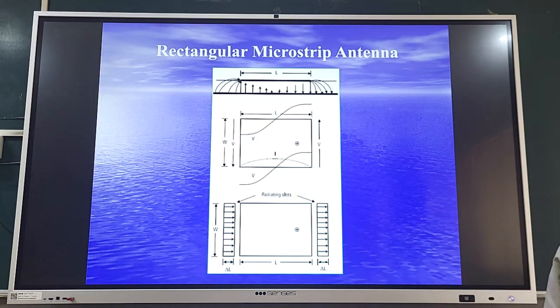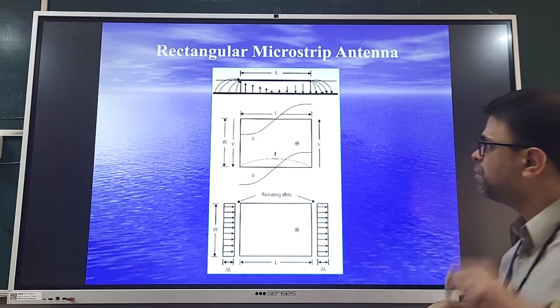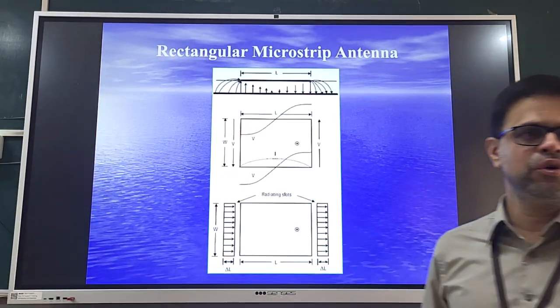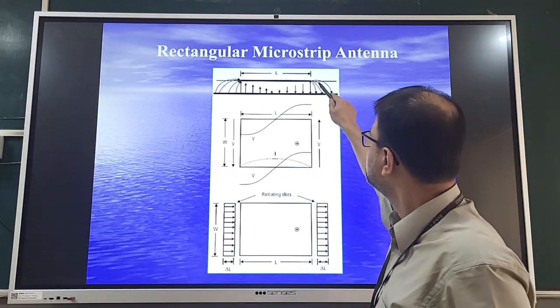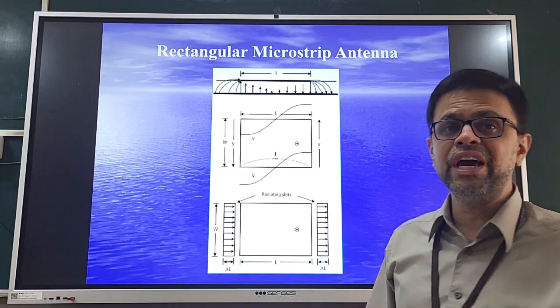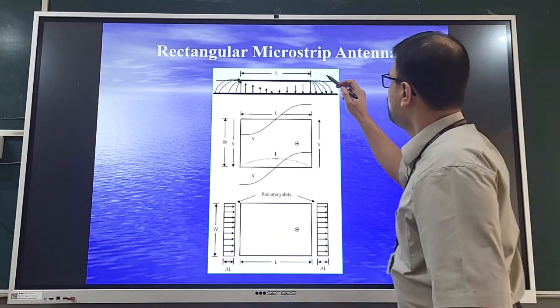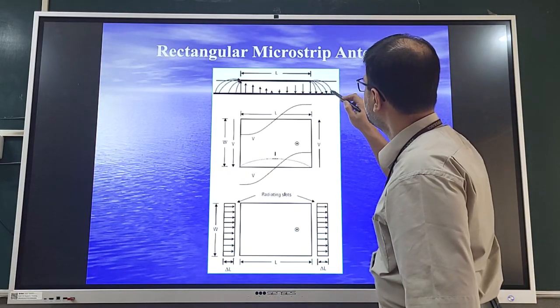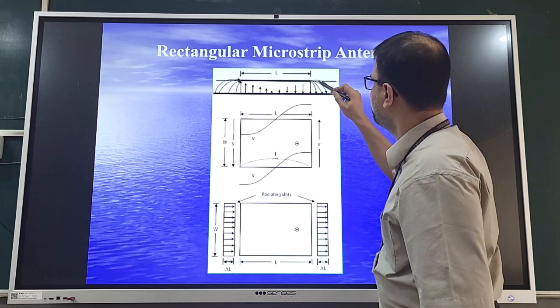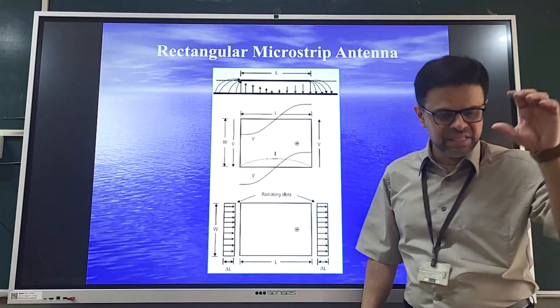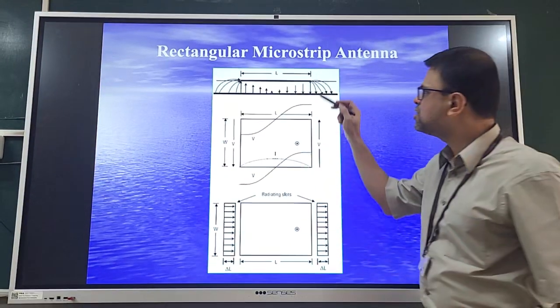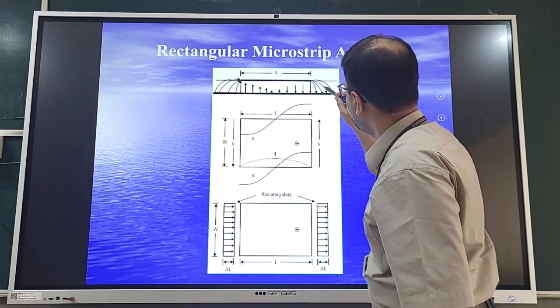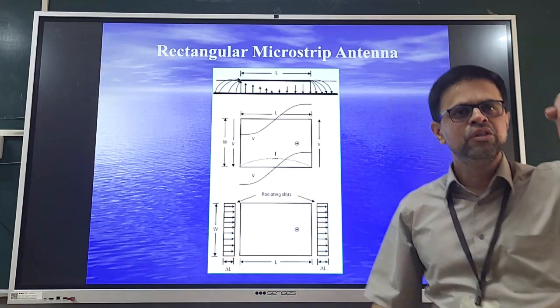So to start with, remember the dielectric constant is given to you, but what happens is that these fringing fields, if you carefully observe, go through the air and then to the patch, through the substrate to the ground plane. These components reside inside the substrate, but these components go through the air and then terminate onto the ground plane through the substrate.